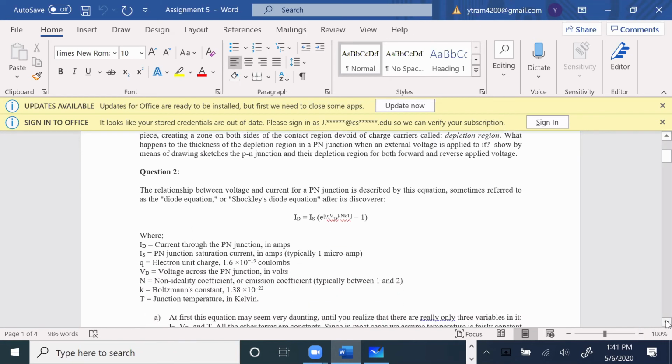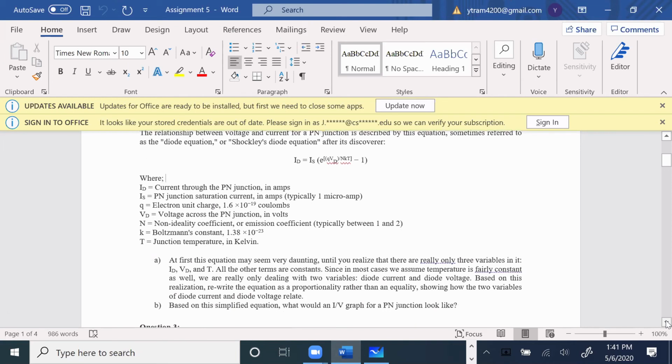And then the question is, at first this equation may seem very daunting until you realize that there are really only 3 variables: I_D, V_D, and T. All the other terms are constant in most cases.